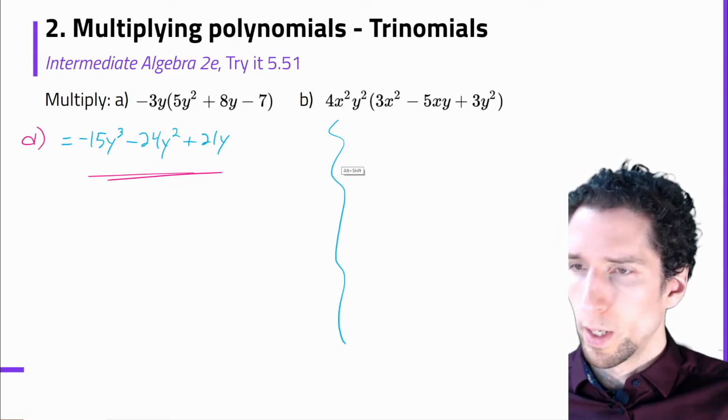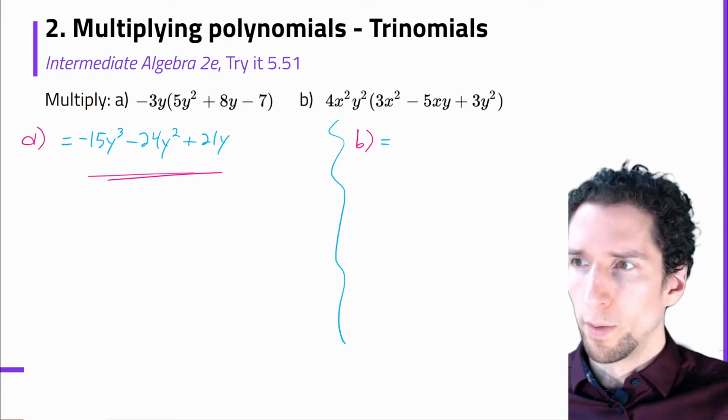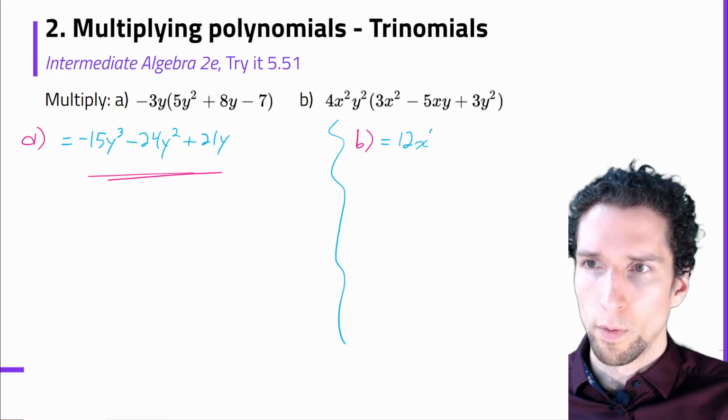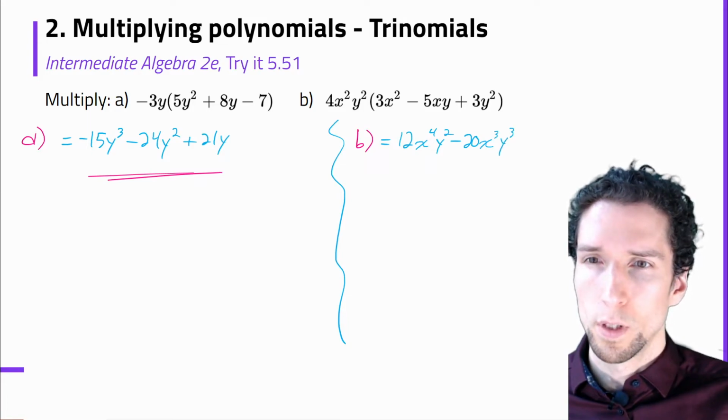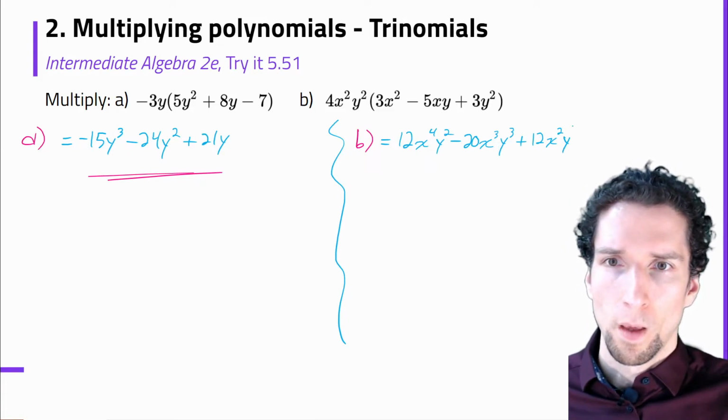All right, on the other side, if we multiply these, we will get 4 times 3, 12, x squared, x to the exponent 4, and y squared here, minus 20 x cubed y cubed, and then plus 4 and 3, 12 x squared, and y to the exponent 4.